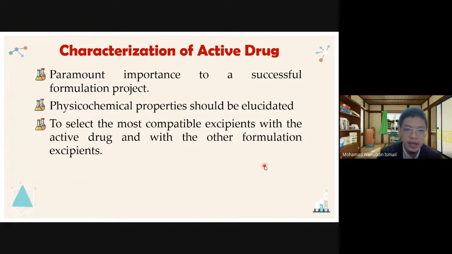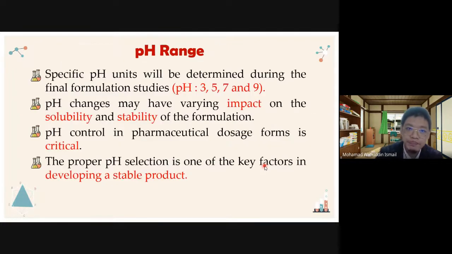So that's why characterization of the active drug is also important. What pH range must the final formulation have? Initially the pH may not be suitable, but at the end we can add some excipient to ensure the final pH of the formulation is suitable for use in the human body.